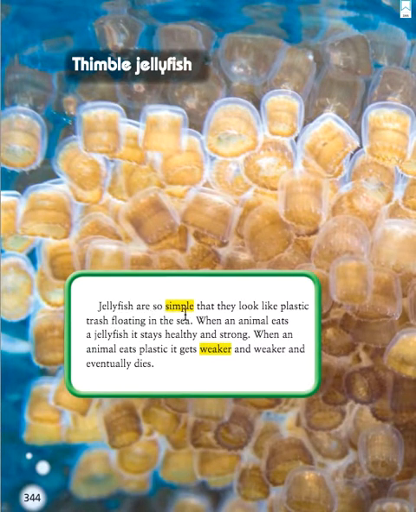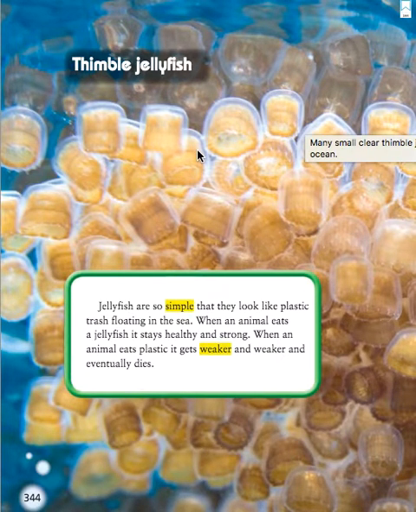Jellyfish are so simple that they look like plastic trash floating in the sea. When an animal eats a jellyfish, it stays healthy and strong. When an animal eats plastic, it gets weaker and eventually dies. These are thimble jellyfish. They are small and clear.